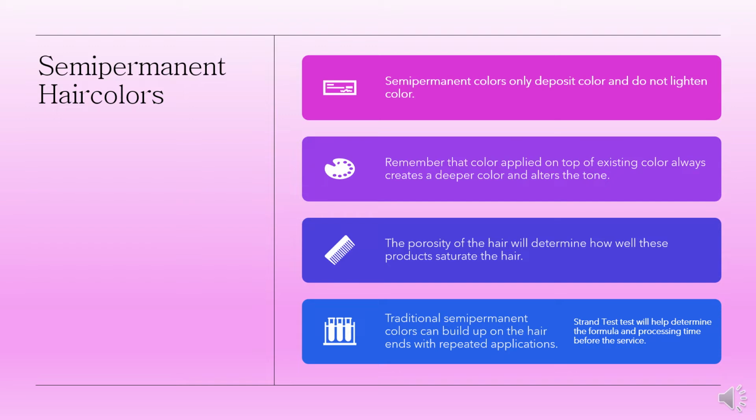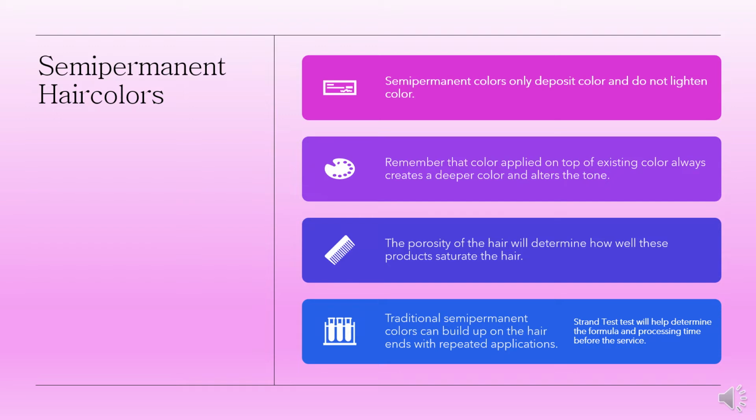In other words, in order to get some of these fantasy colors like your bold purples and your bold reds and blues and greens and yellow and of course my favorite pink, you always have to lift that hair up to some shade of blonde and then deposit your semi-permanent color on there. It can also be used as a toner.